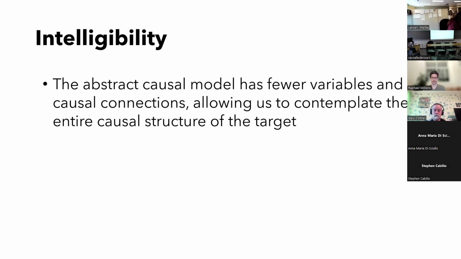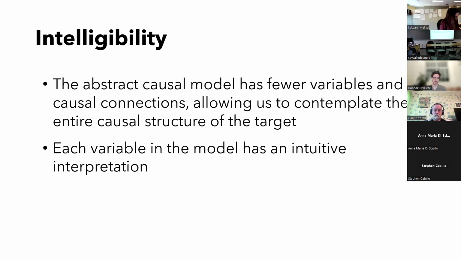Fewer nodes and edges, and so it's a way for us to contemplate the entire causal structure of the target in a way that we couldn't even begin to hope for with whole networks. And furthermore, each variable in the causal model should, in principle, have an intuitive interpretation if the level of causal abstraction of the model is right.